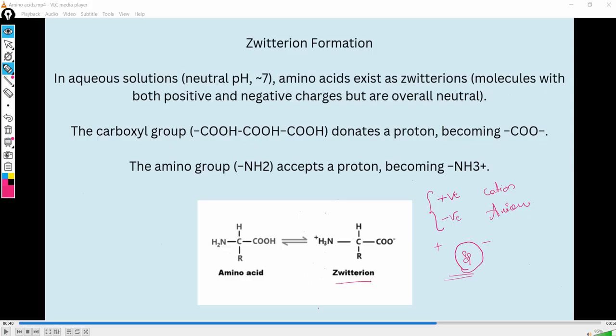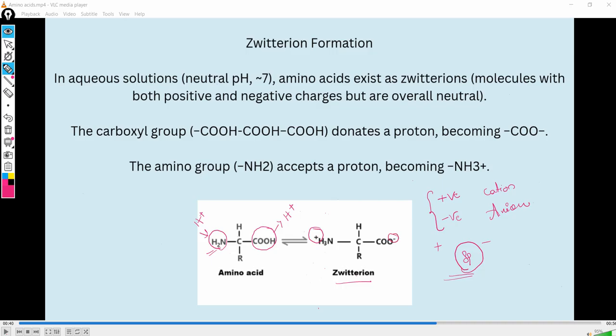While studying the definition of amino acid, we studied that it has 2 functional groups, carboxylic and amino group. In aqueous medium, the carboxylic group has the capability of losing 1 proton, and the amino group has the capability of gaining 1 proton. Whenever it gains a proton, it attains a positive charge, and whenever it loses a proton, it attains a negative charge.